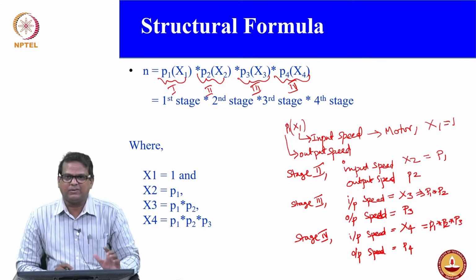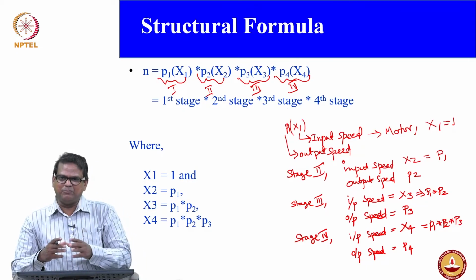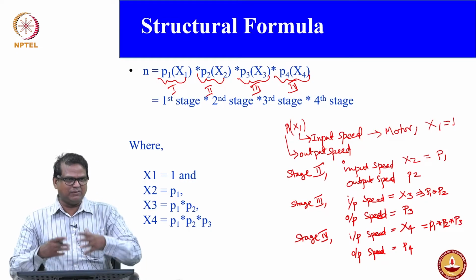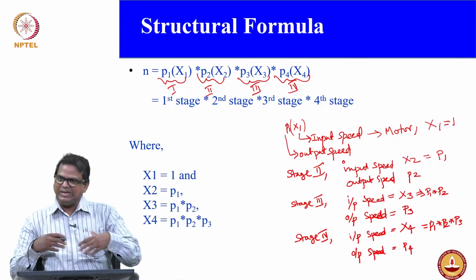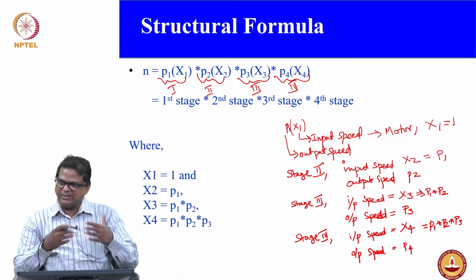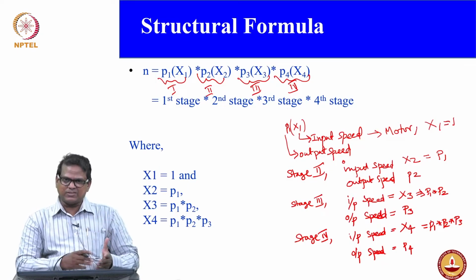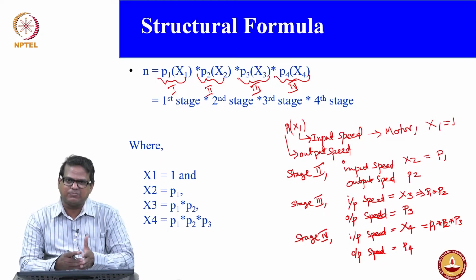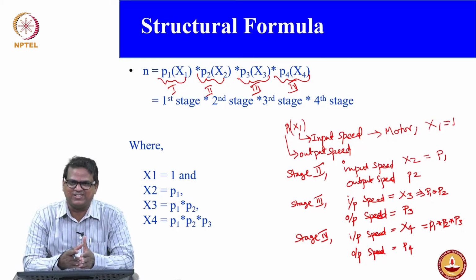Now, can you see how important it is to have a structural formula? The structural formula not only indicates the number of stages, it also tells about the input speed and output speed of each stage.